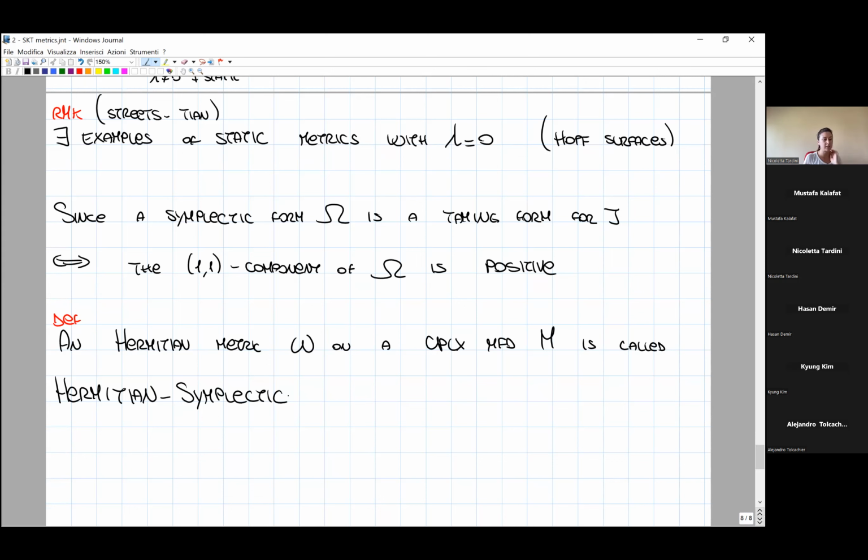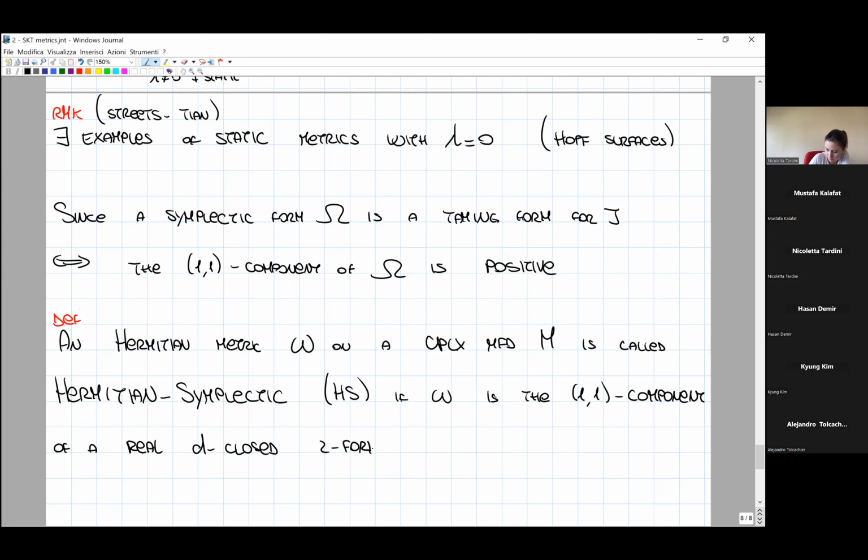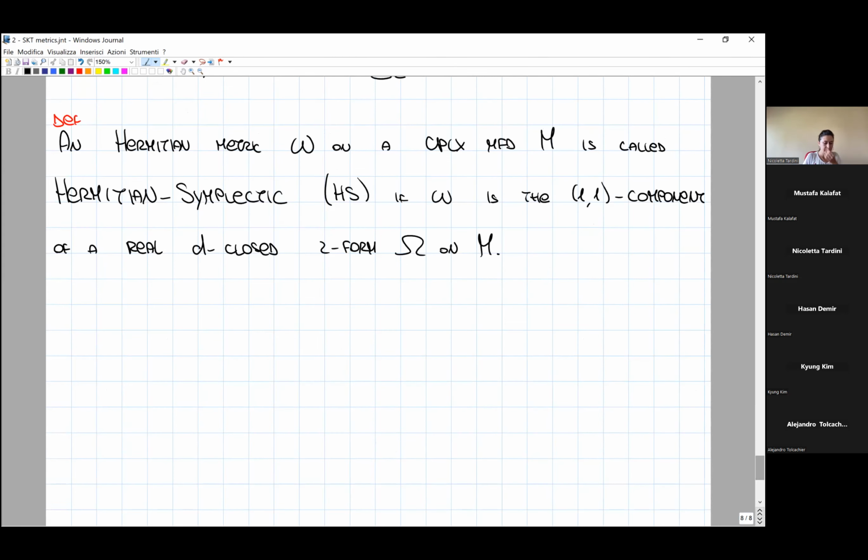An Hermitian metric is called Hermitian symplectic, let me say HS, if omega is the 1-1 component of a real d-closed 2-form on M.